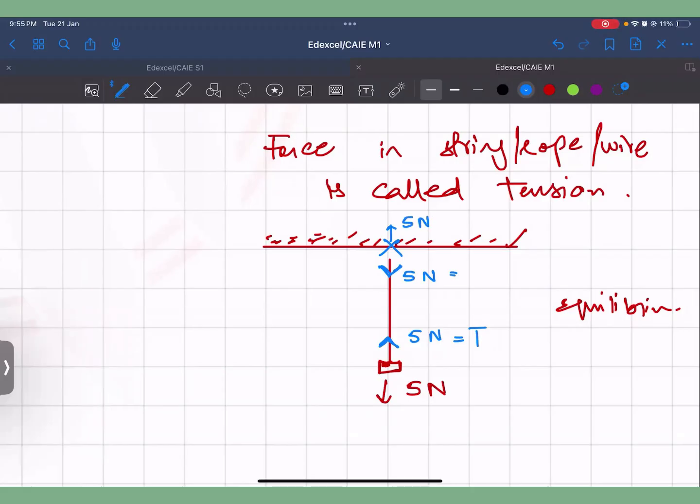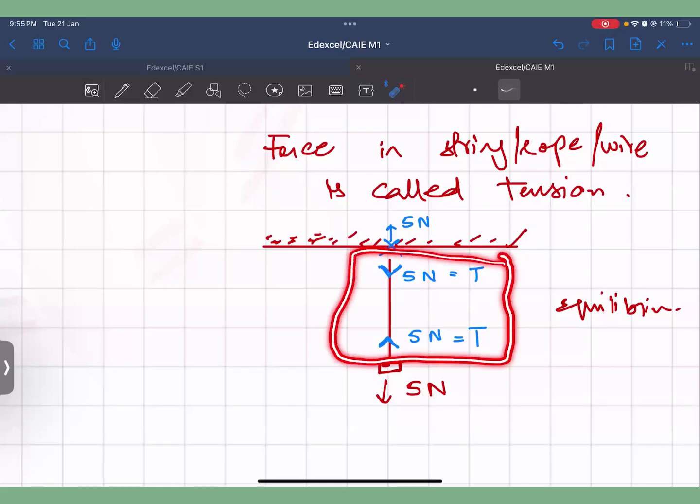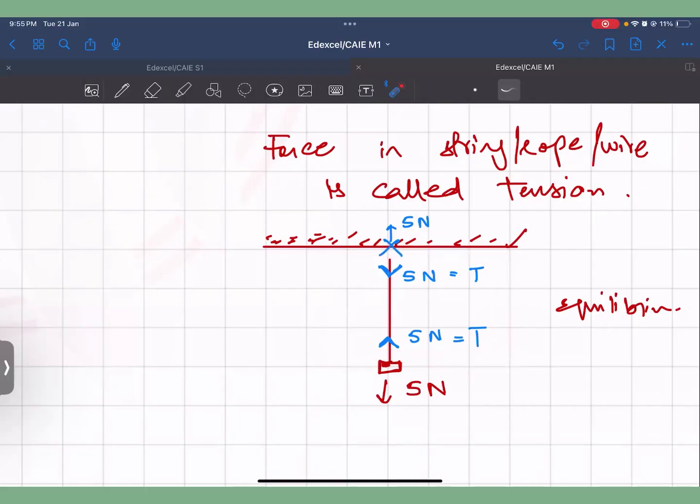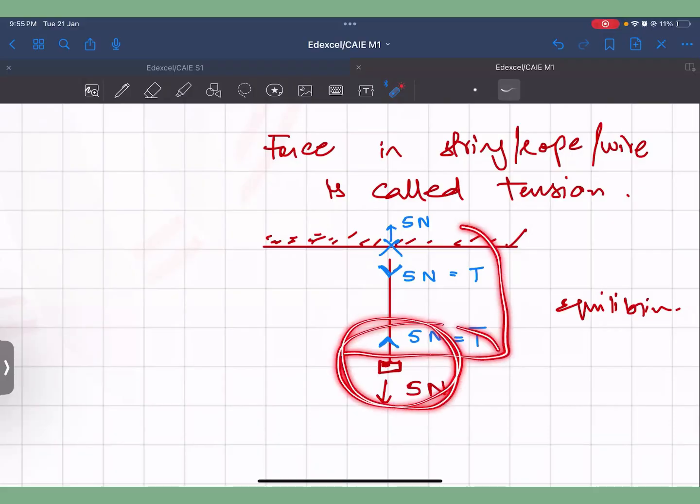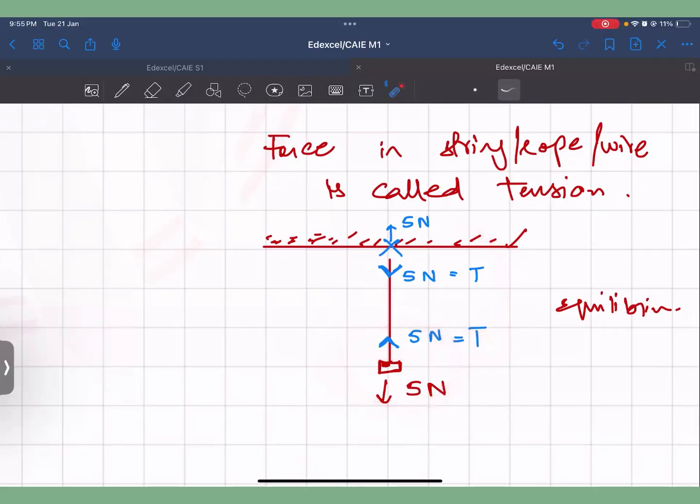The important thing is that the tension force is pulling something from one end and pulling something from the other end. This is an important thing. Over here, if I take this section, the tension is pulling the 5 Newton upwards. But over here, this 5 Newton force is pulling the ceiling down. So this thing is important.